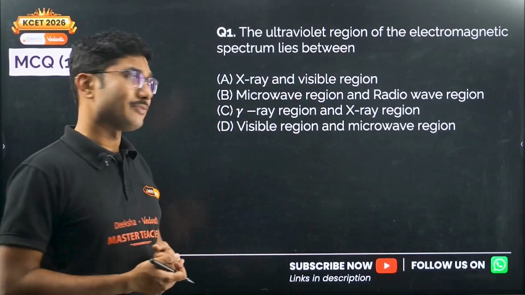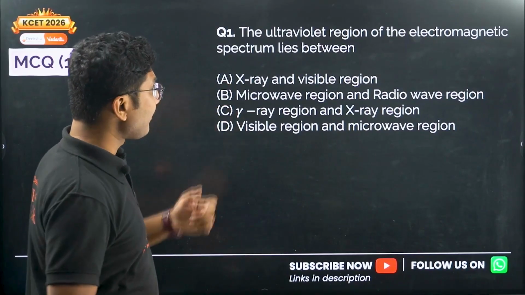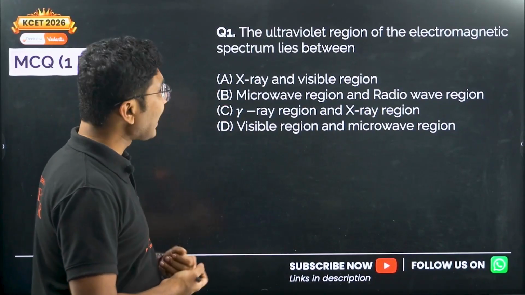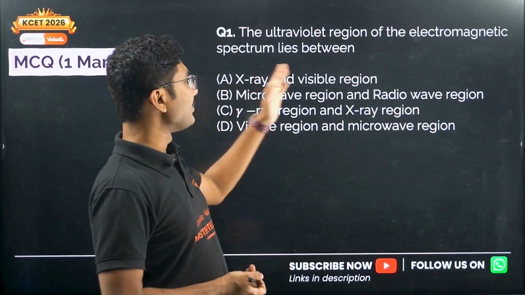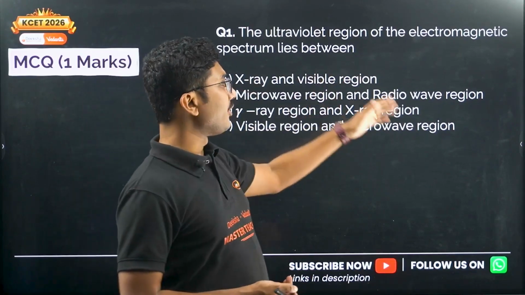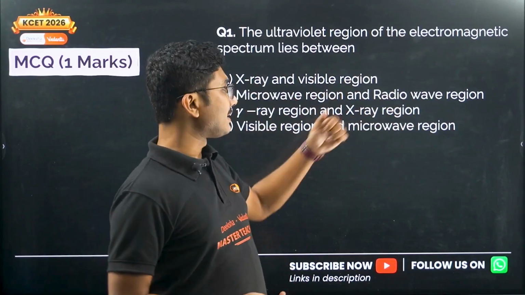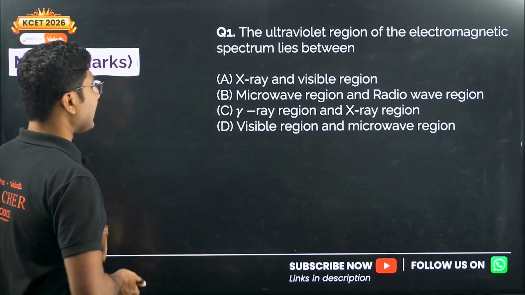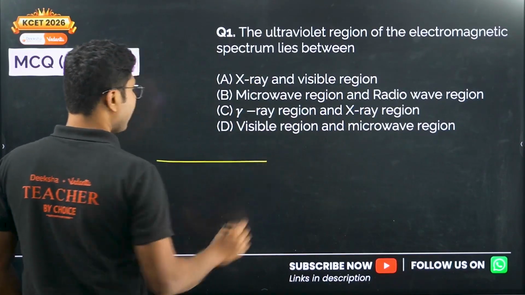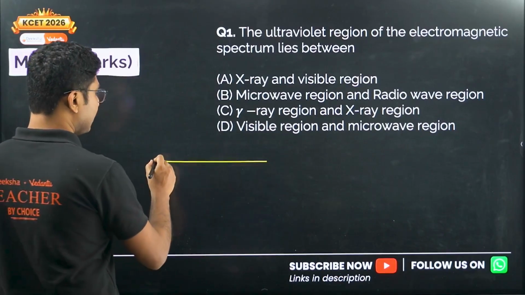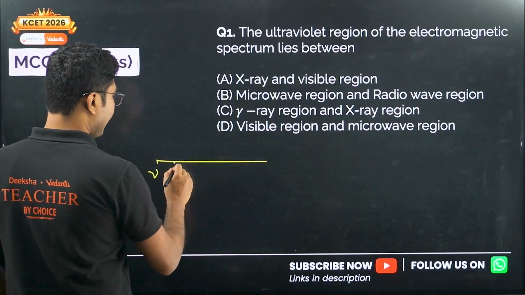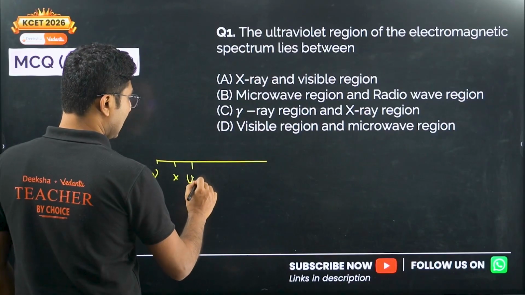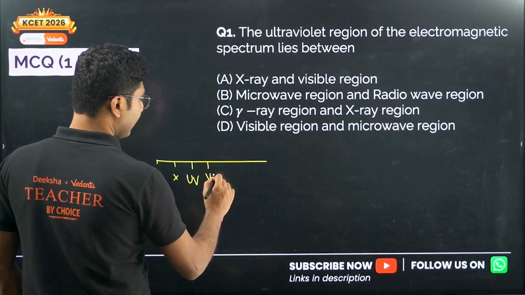So the ultraviolet region of the electromagnetic wave spectrum lies between X-ray and visible region, microwave and radio wave region, gamma ray and X-ray region, visible region and microwave region. Suppose this is our spectrum. It starts with gamma ray first, next is X-ray, then UV ray, then we have visible ray.